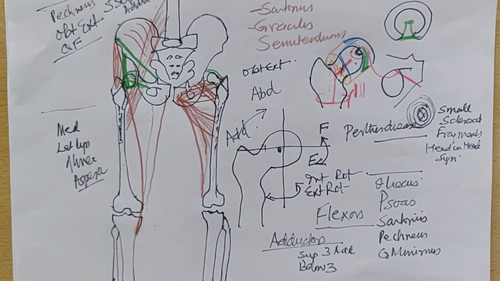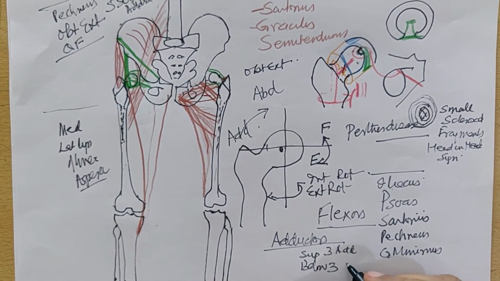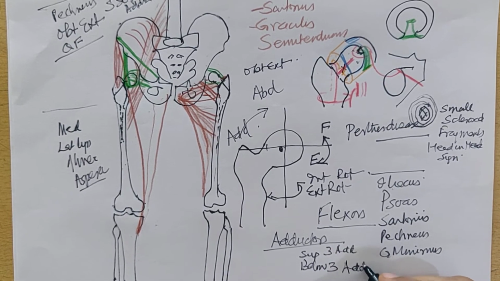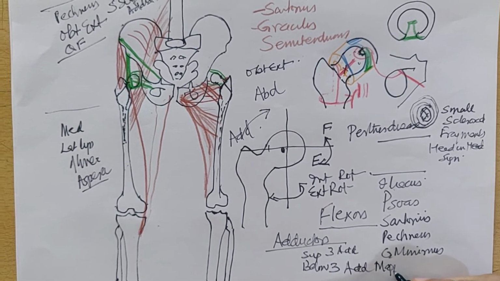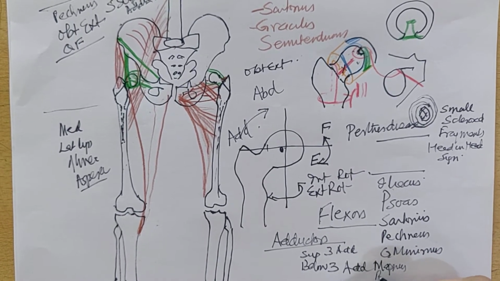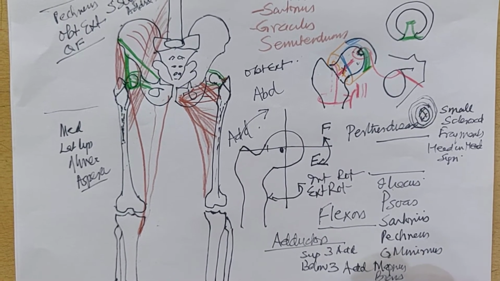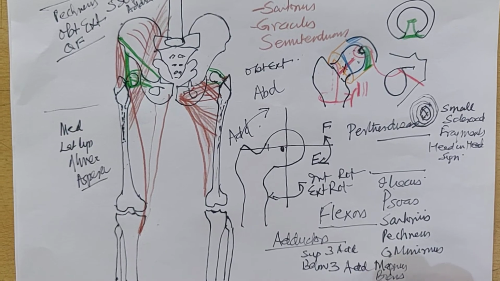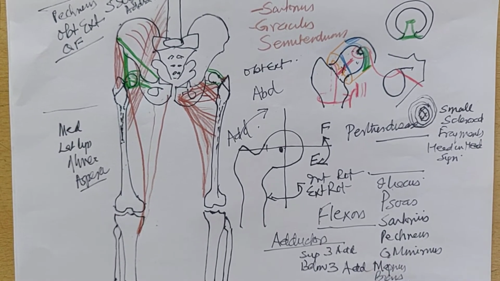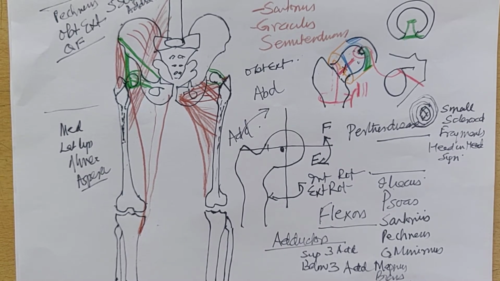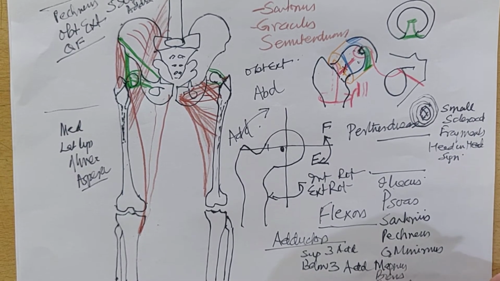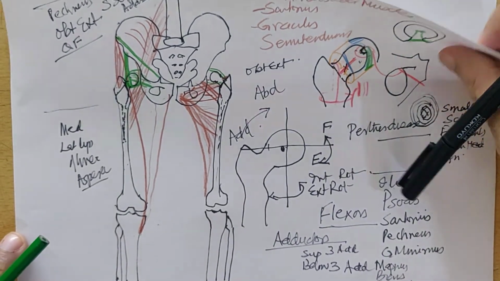So the 3 adductors below are adductor magnus, brevis, and longus. So this finishes off the adductors. Then the abductors and the extensors.